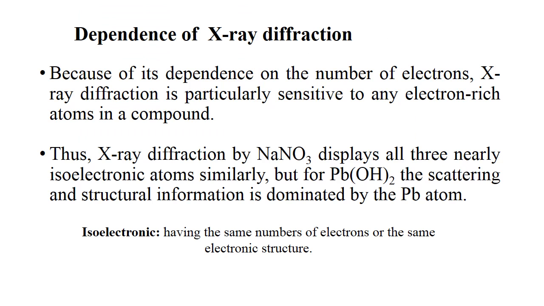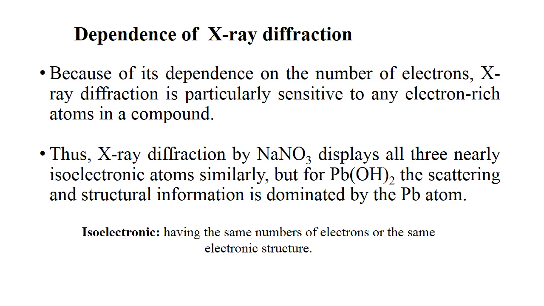X-ray diffraction dependence: X-ray diffraction depends upon which factors? Because of its dependence on the number of electrons, X-ray diffraction is particularly sensitive to any electron-rich atoms in a compound.